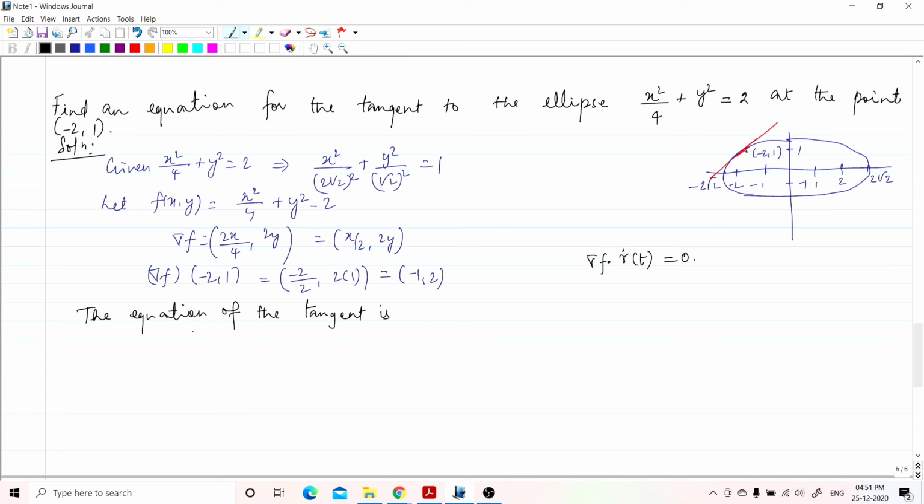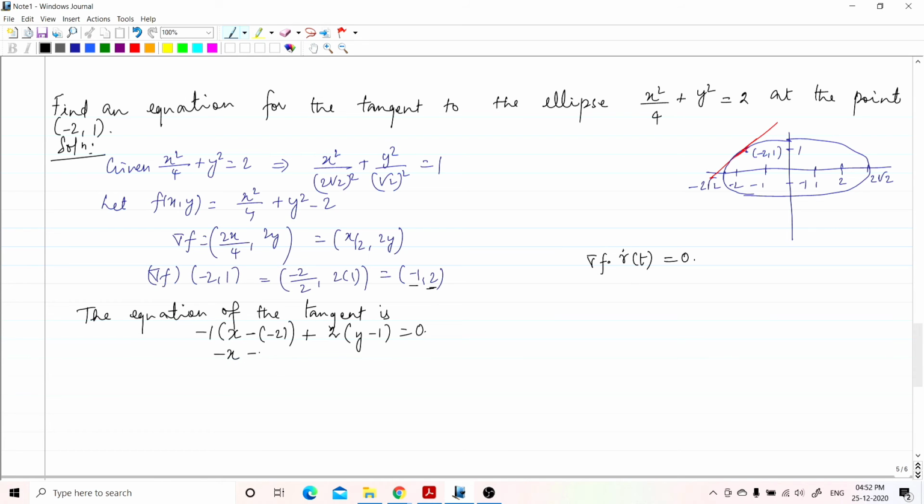Okay, so your tangent is going to be this quantity minus 1 with x minus x naught. So what is your x naught? It is minus 2. So minus 1 times x plus 2, plus this quantity 2 with y minus 1 equals 0. So here minus minus becomes plus, and you have minus outside.